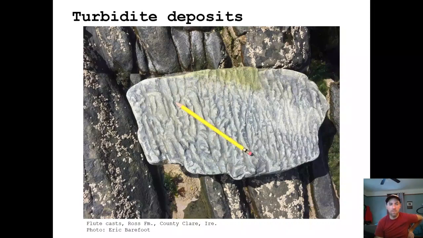This is a very common environment to get them at the base of those A or B horizons that sit on top of the muddy E horizons. It's a relatively common place to see those, and can help you to start to interpret.